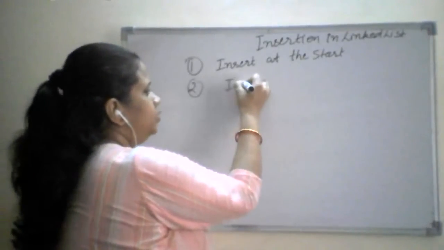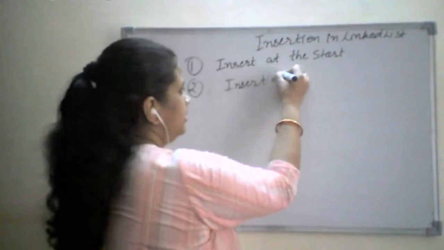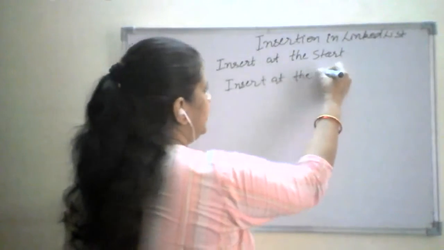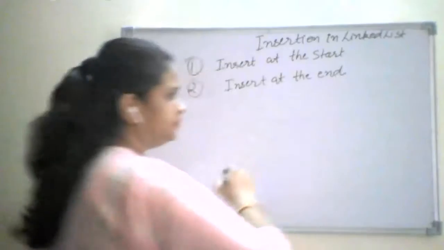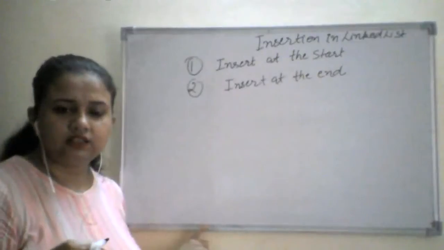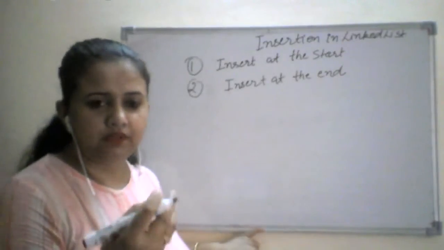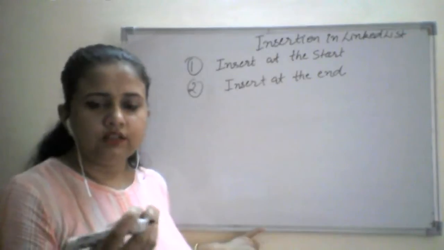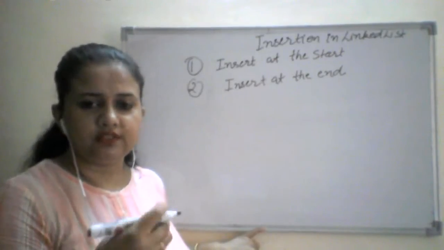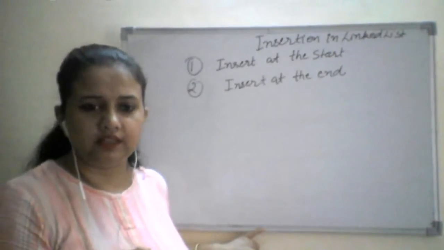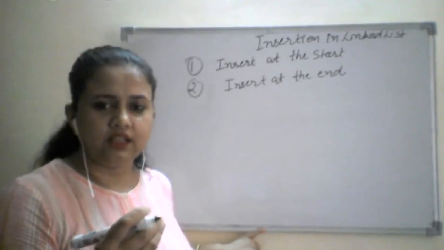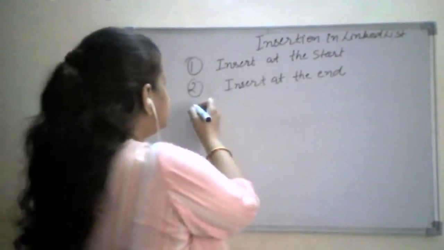Second case is when you are trying to insert at the end of the linked list. That is the second case, that whatever new node you have got, you want to insert it at the end of your linked list, where it will act as the last node in your linked list.